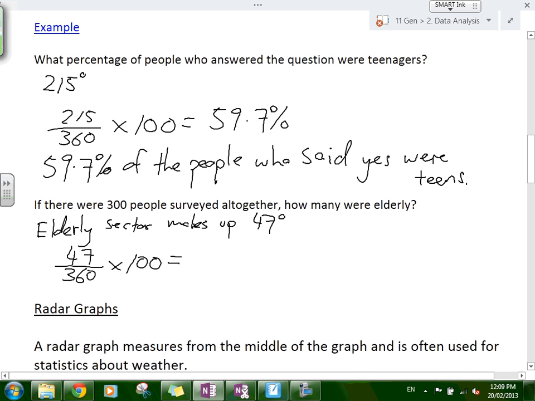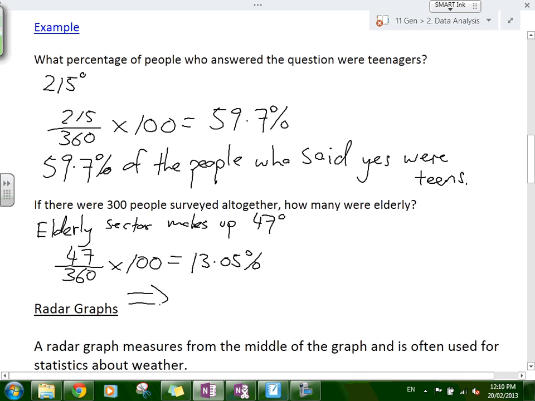Bella, could you do this one? 47 over 360 times 100. 13.05%. Okay? And then what we need to do is find 13.05% of 300.